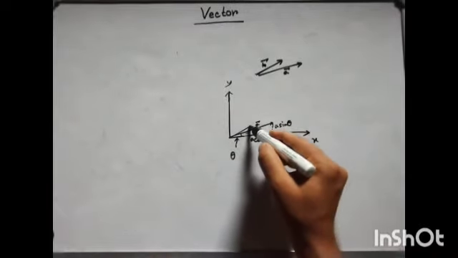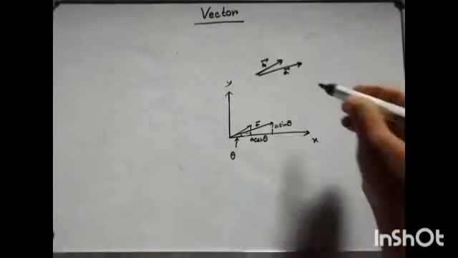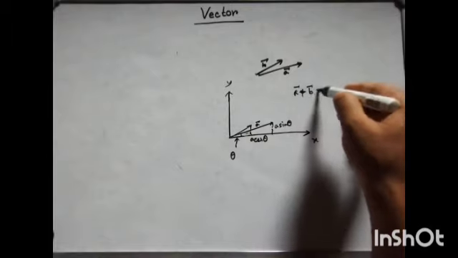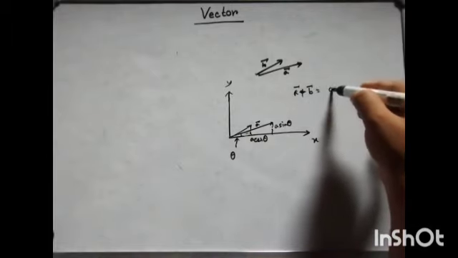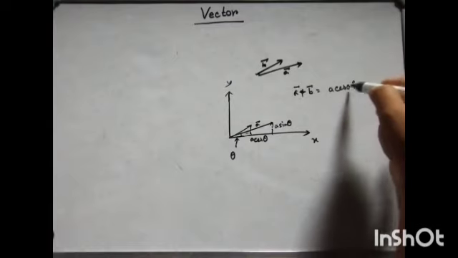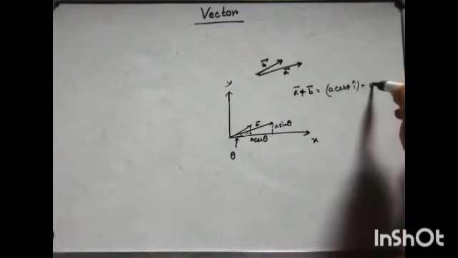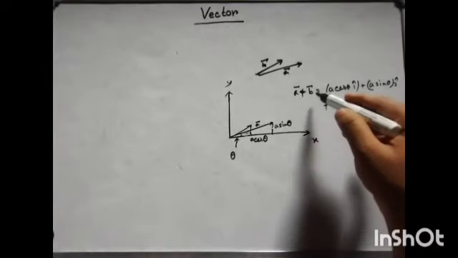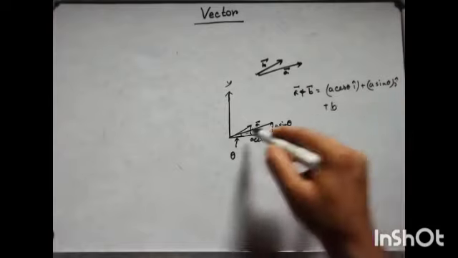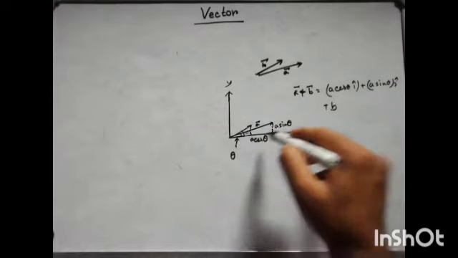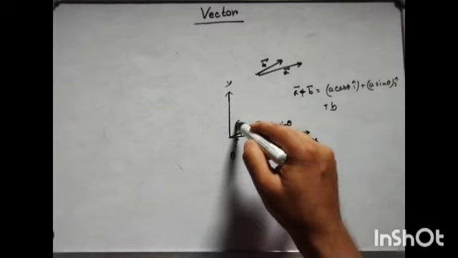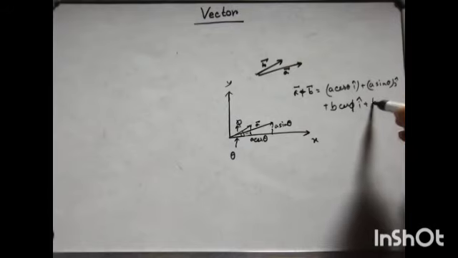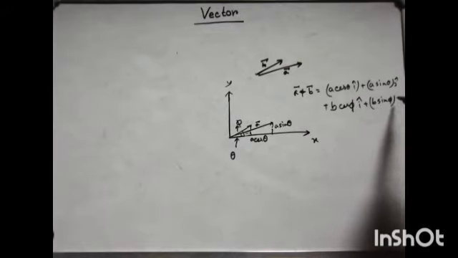Similarly, we can break b vector also. Okay, so in this way, if we try to add these two vectors, a vector will be a cos theta I cap plus a sin theta j cap, and b vector will be, suppose the angle b vector makes with x-axis is phi, then it will be b cos phi I cap plus b sin phi j cap.